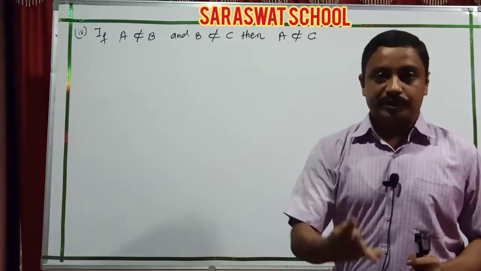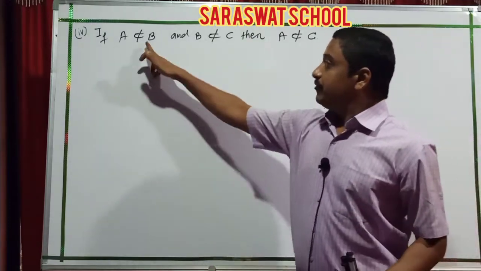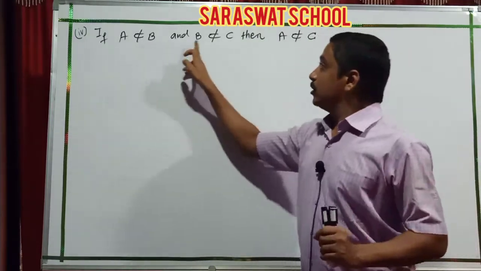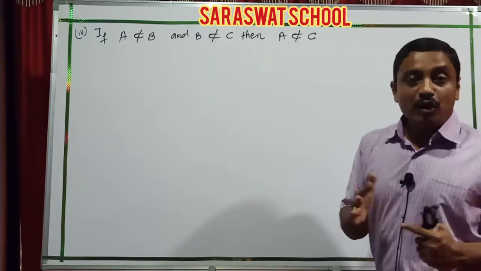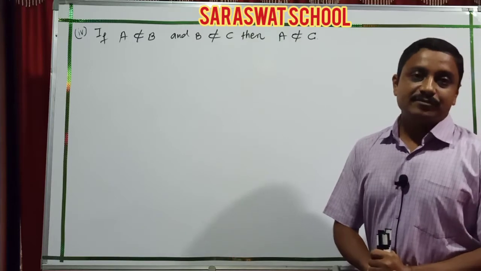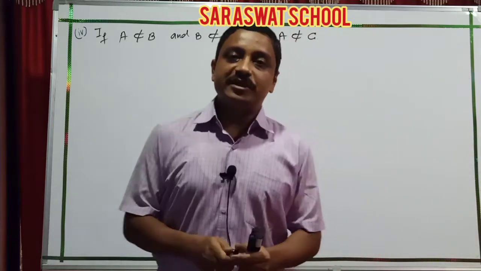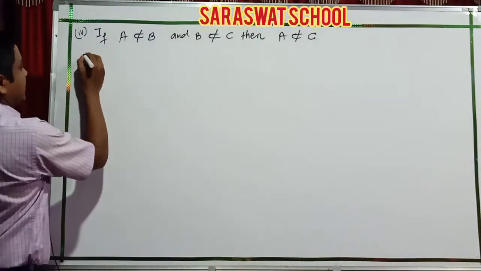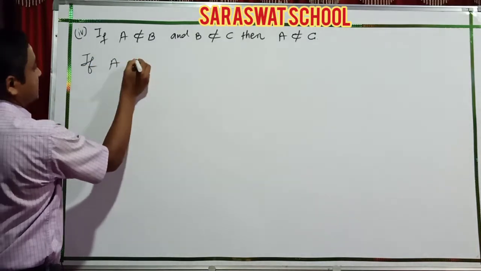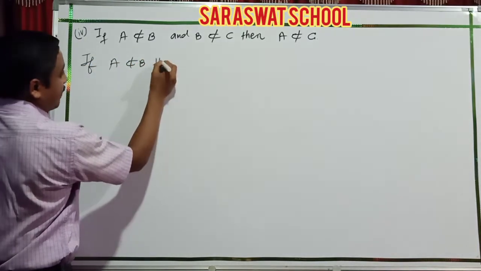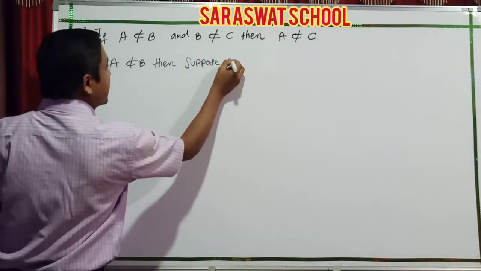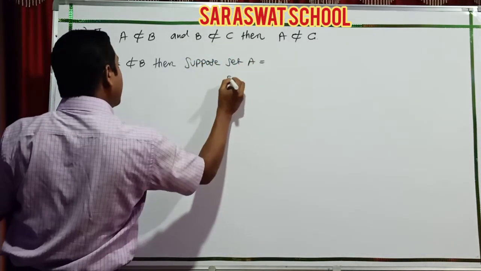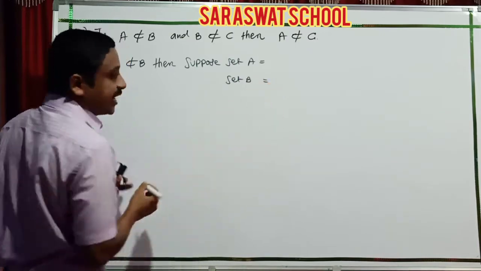Question two, fourth one. The question is: if A is not a subset of B, and B is not a subset of C, then A is not a subset of C. Checking. Okay, I just take some examples. If A is not a subset of B, then suppose set A and set B, these two sets, students.